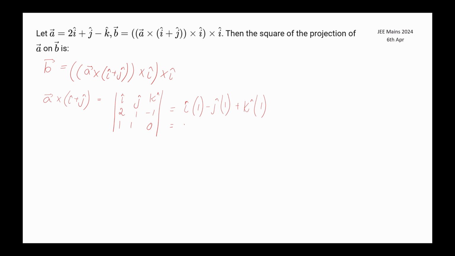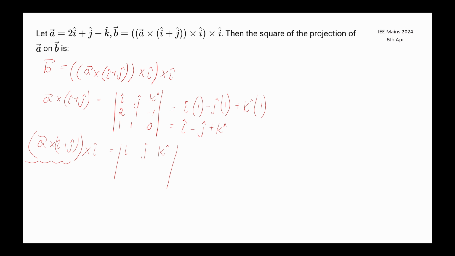So we have I cap minus J cap plus K cap. So once we've found this value, now let us find out A vector cross (I cap plus J cap), this entire thing now cross I cap. Let us find that value out. So from here what are we going to get? I, J, K cap.